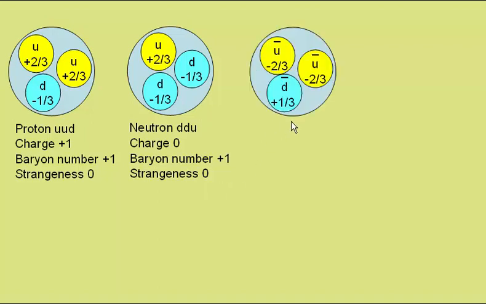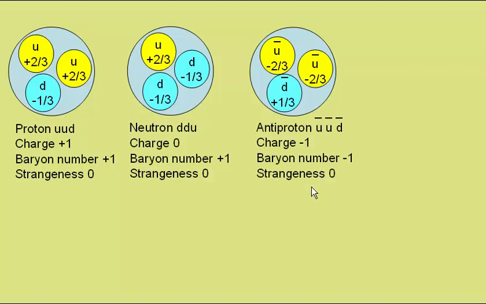Next we have this, which is basically the same as this but made up of antiquarks. It has an anti-up, an anti-up, and an anti-down, so it must be an antiproton. It has the opposite charge of a proton at minus 1, a baryon number of minus 1, but still a strangeness of 0.